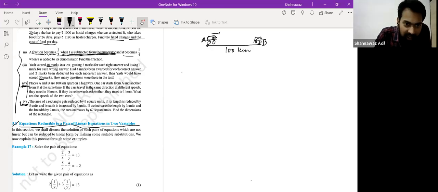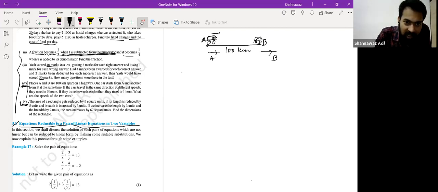And if the cars travel in the same direction, so let's say this car travels in this direction and this car travels in this direction, right? A and B.